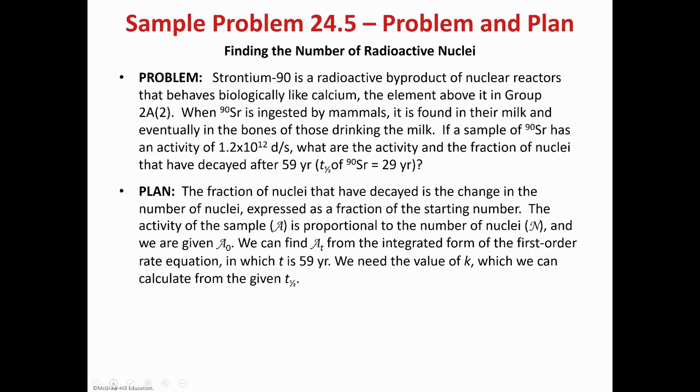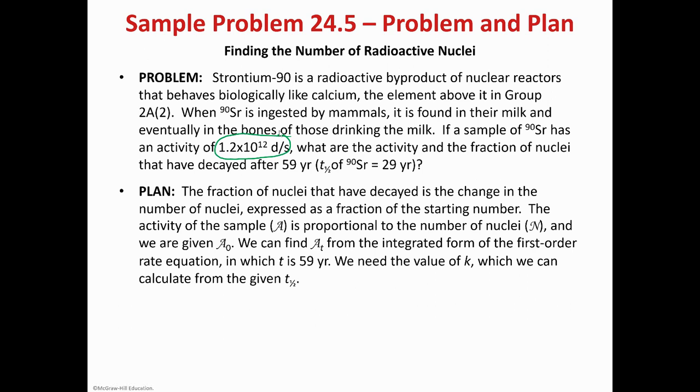We're going to finish on a half-life equation, just to come full circle. So strontium-90 is ingested by animals, and say a sample of strontium-90 has an activity of 1.2 times 10 to the 12 disintegrations per second, so this is our unit for radiation.